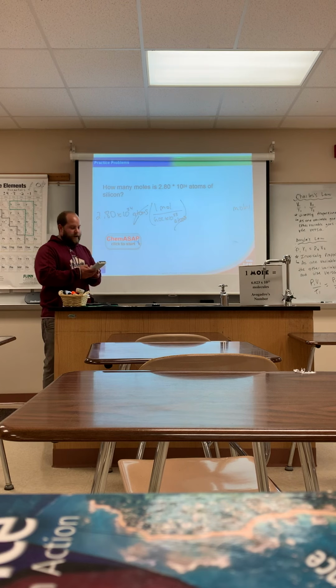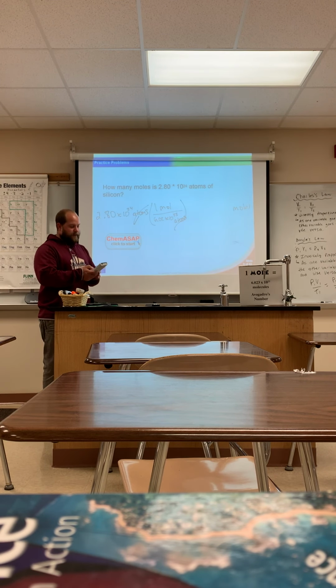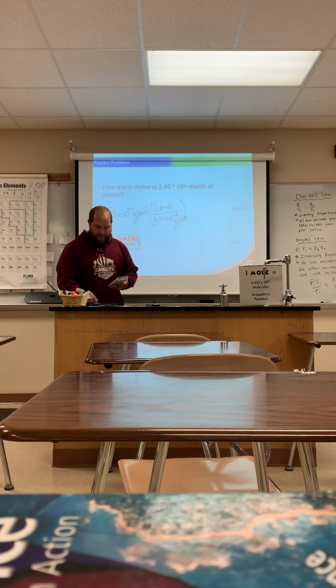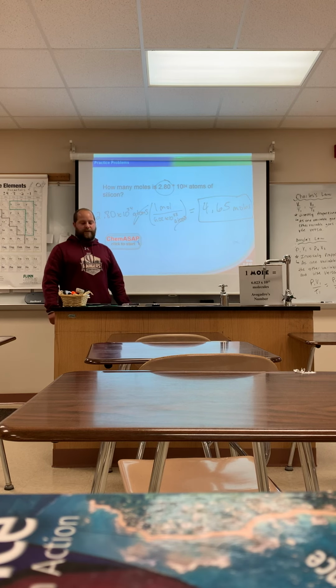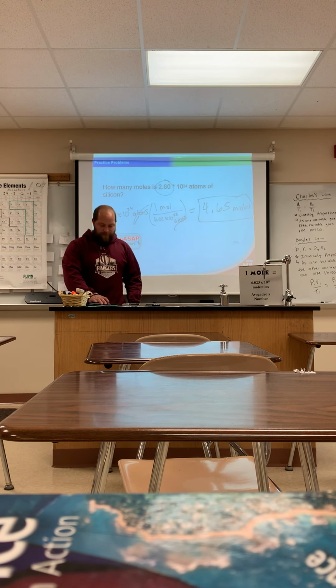Then I take 2.80 times 10 to the 24th and divide it by 6.02 times 10 to the 23rd, or Avogadro's number, and I get a value of 4.65 moles. I do need to say that it is 3 sig figs, so 4.65 moles. You're just taking your atoms and converting them to moles. That's really all we're doing.